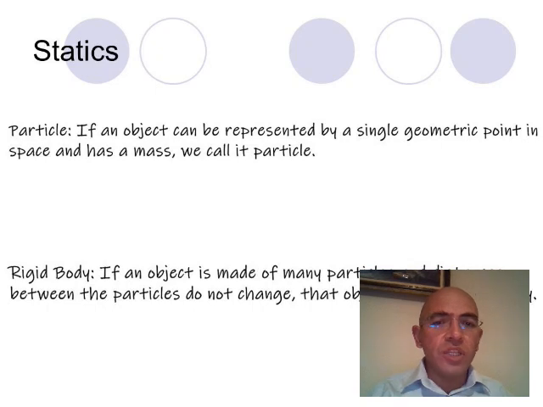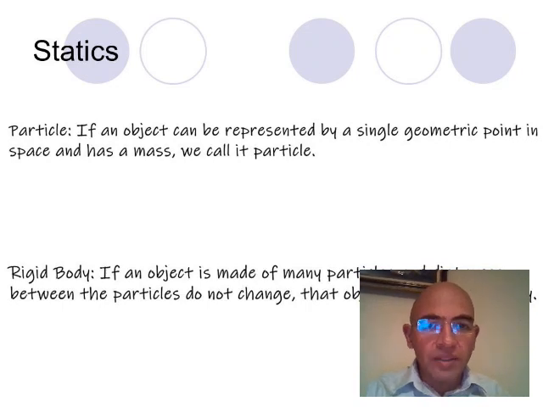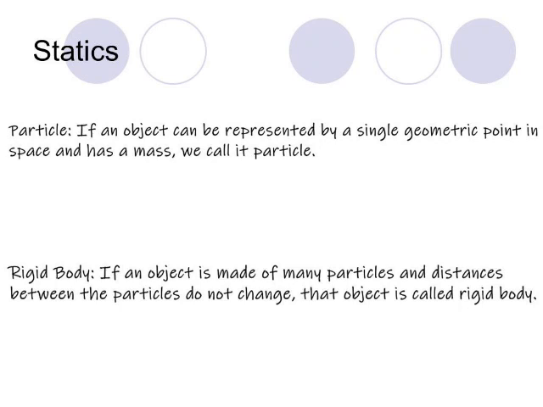Therefore, the object cannot deform. As a result, the relative position of these small particles cannot change. So this type of object is called a rigid body. So let's make the definition. If an object is made of many particles and distances between the particles do not change, that object is called a rigid body. That's the definition of a rigid body.